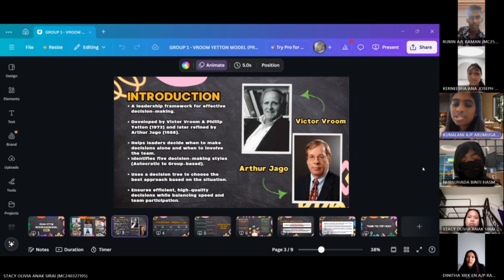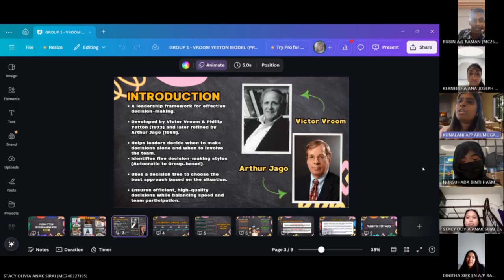This decision making model was developed by Victor Vroom and Philip Yetton in 1973, and it has five decision making styles, which start from the autocratic and go through to group decision making. In this model, we also have a decision making tree, through which they will decide.